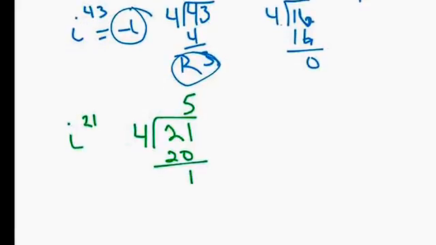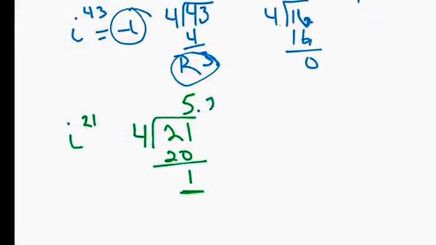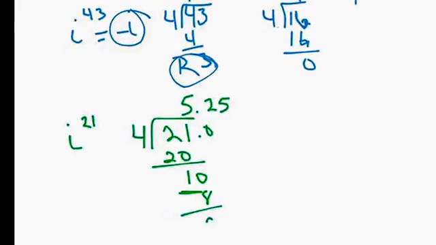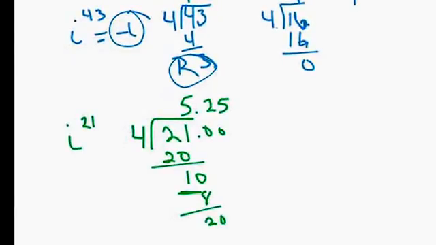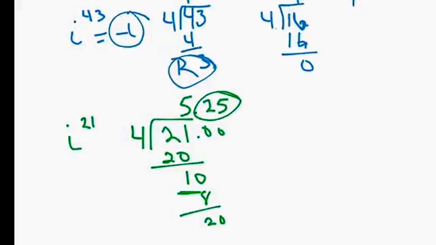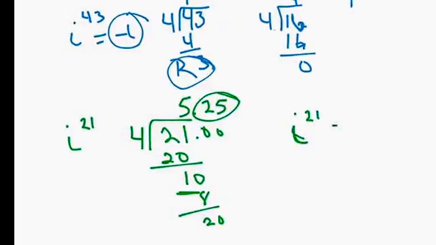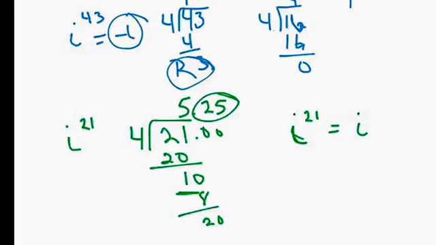I have a remainder of 1, but if you put it in the calculator, that is actually going to give you 0.25. That decimal of 0.25 means that i to the 21st equals i. Okay?